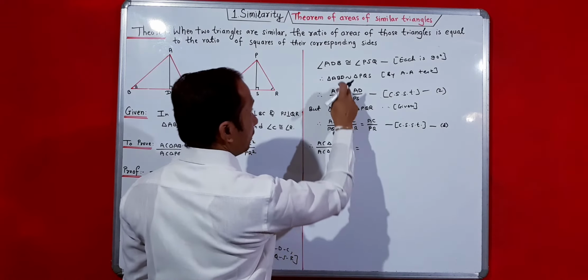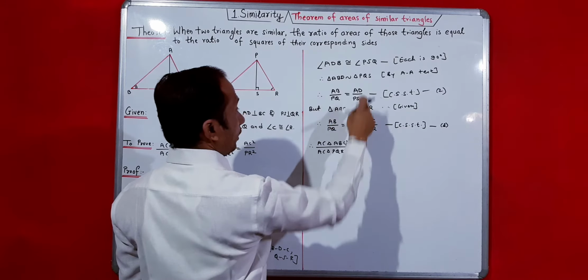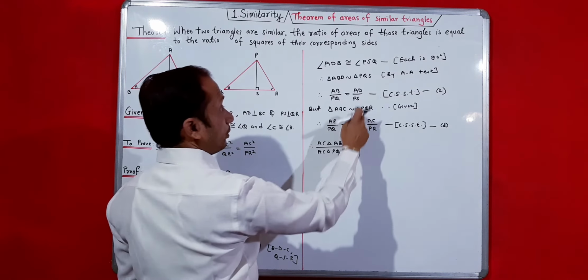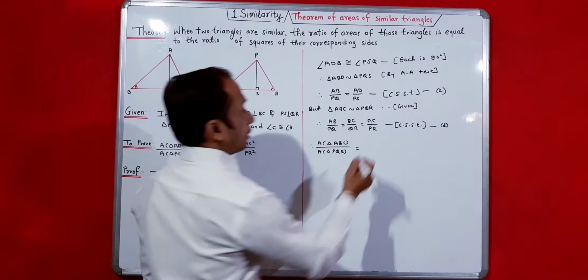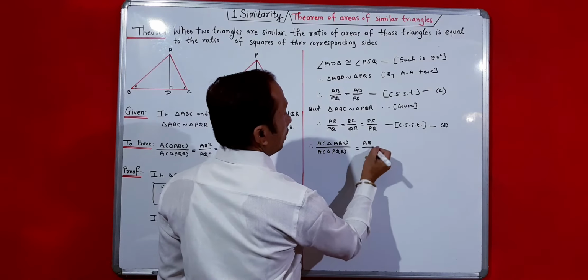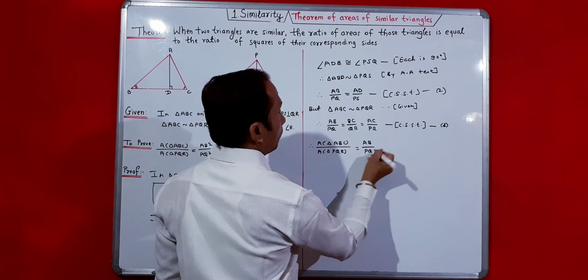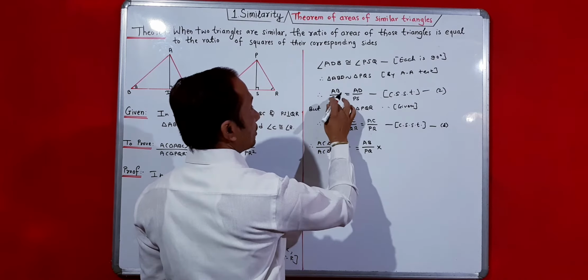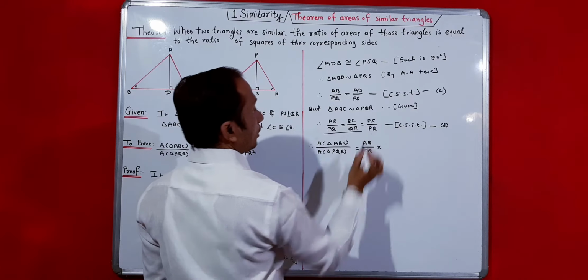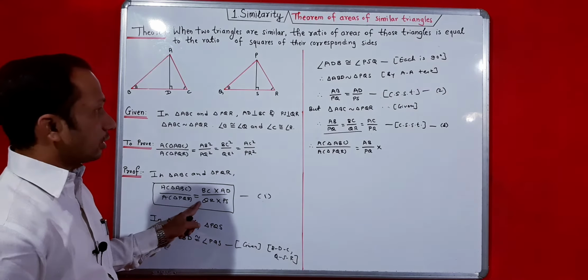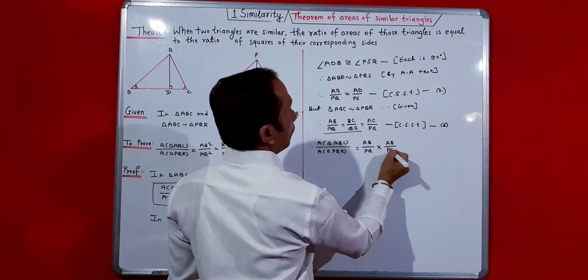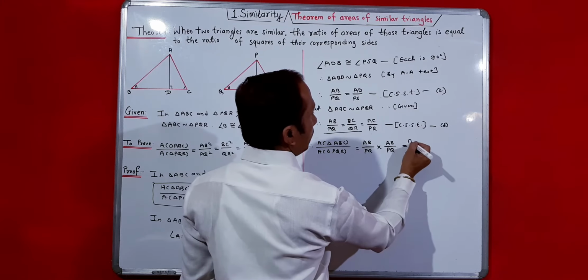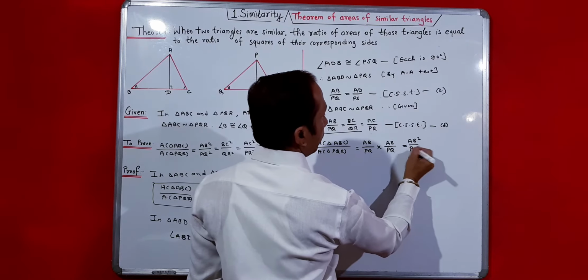If I write this AB upon PQ, and if I change this and write BC and QR in place of this, and write AB upon PQ for the second, therefore I will get AB square upon PQ square.